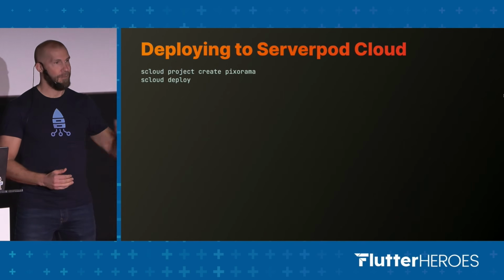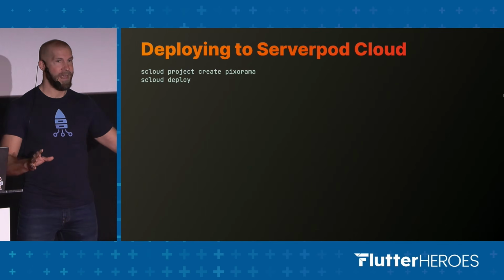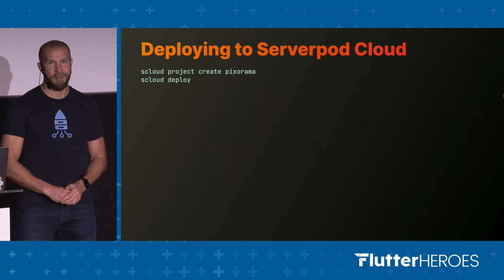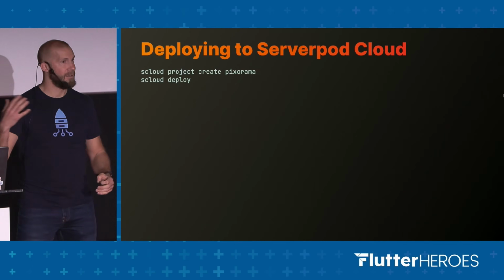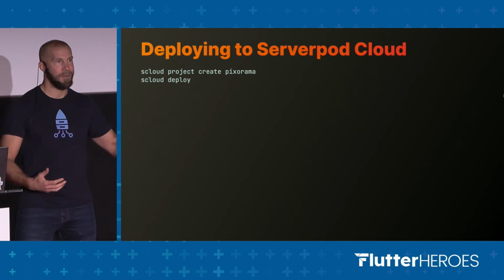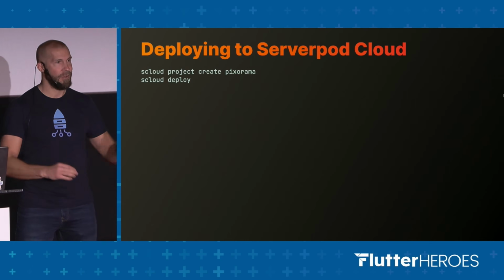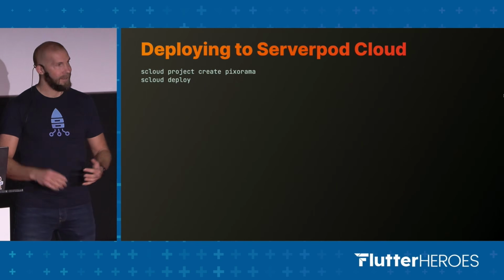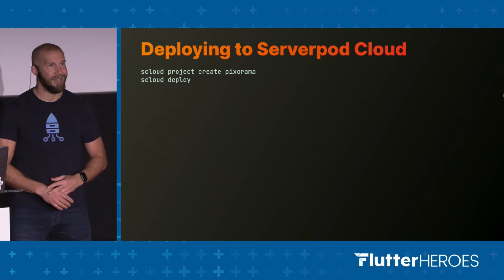And then you do scloud deploy, and we take care of everything else, set up your whole infrastructure with load balancers, a database if you need that, pub sub, file uploads, the whole shebang. You can use custom domains, and it sets up your certificates.